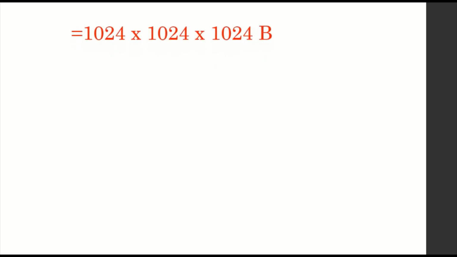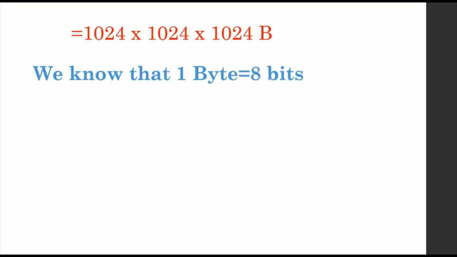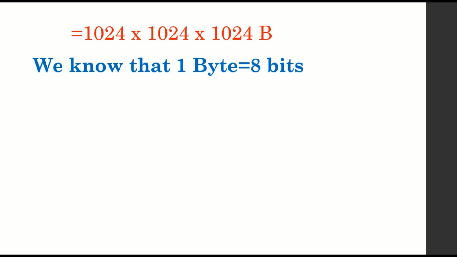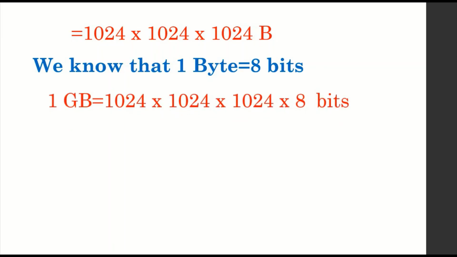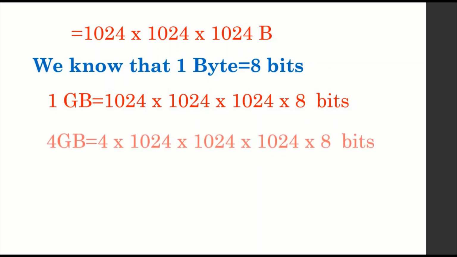Again, we know that 1 byte is equivalent to 8 bits. So when we replace 1 byte with its equivalent bits, we get 1024 times 1024 times 1024 times 8 bits.